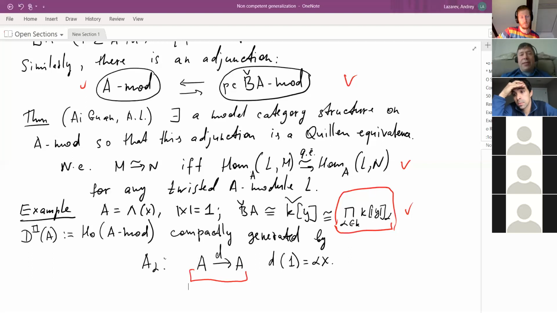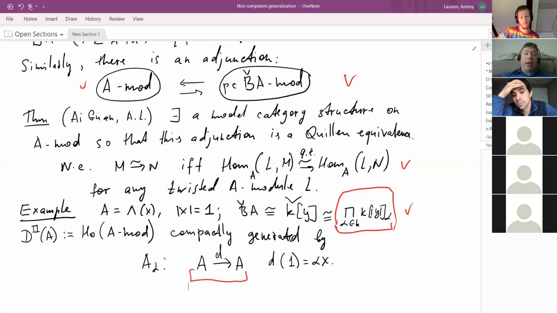And the answer is kind of yes, but it's a little bit technical, and I don't want to get into it right now. Certainly this relation is stronger than a quasi-isomorphism, closer to an isomorphism.